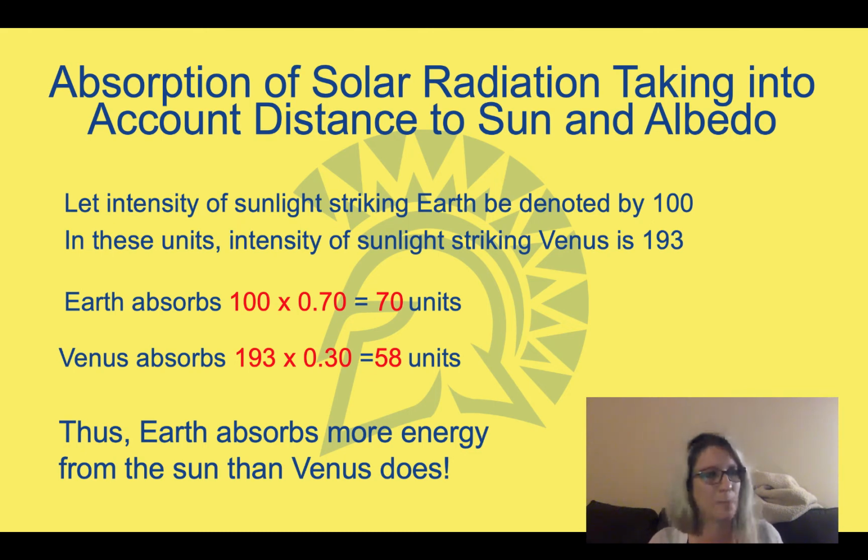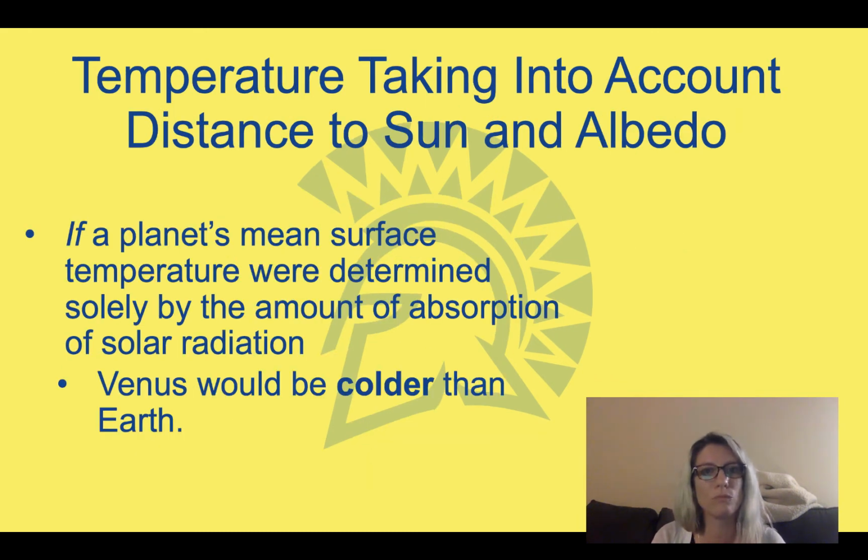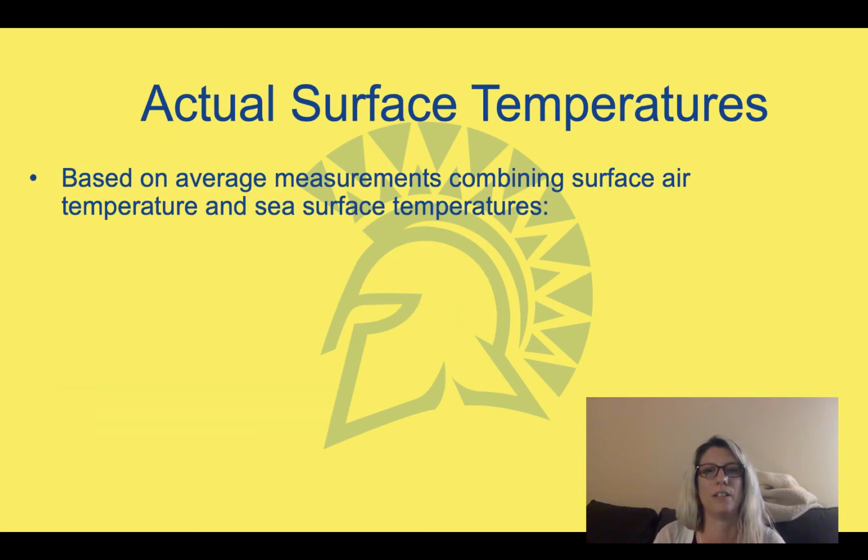So let's get to the last point. The last point is which planet has the larger ability to absorb and retain solar energy. If a planet's mean surface temperature were determined solely by the amount of absorption of solar radiation, Venus would actually be colder than Earth. Kind of crazy.